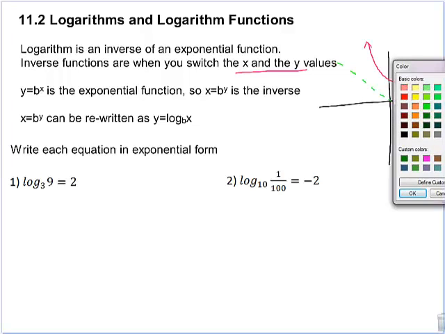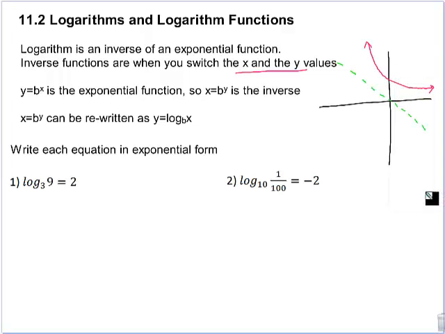The inverse of that would be reflected across. Okay, so see how they're reflected. And it works both ways. So you could also have the growth.